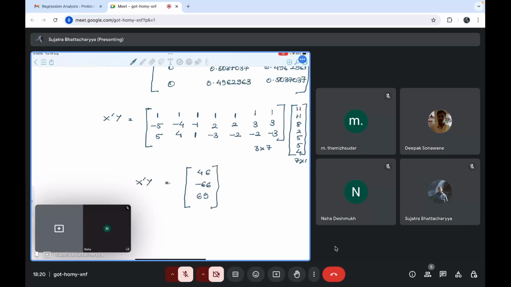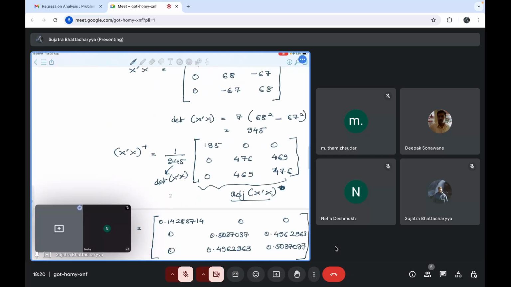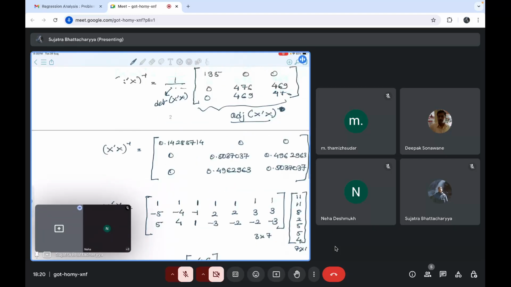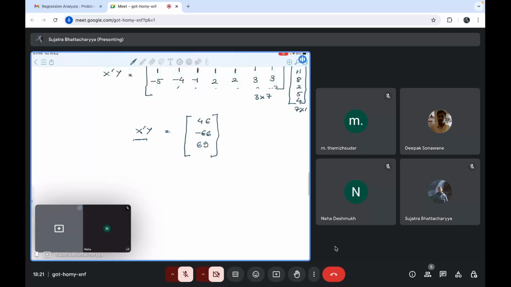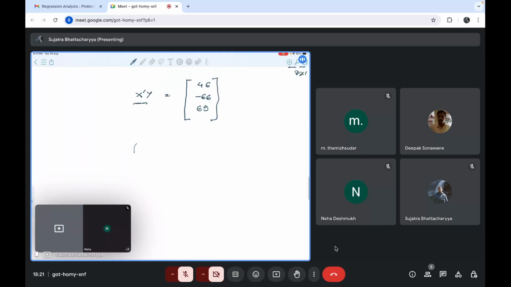So all things for calculating the beta hat matrix have been calculated. One is x prime y, which has to be post-multiplied to this inverse, x prime x inverse. So finally, beta hat will be x prime x inverse post-multiplied with x prime y.